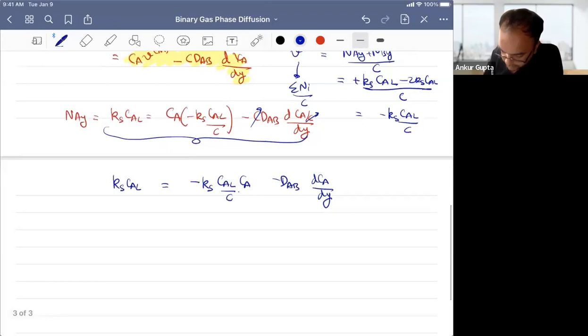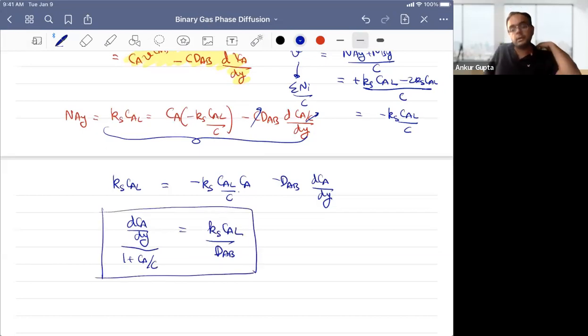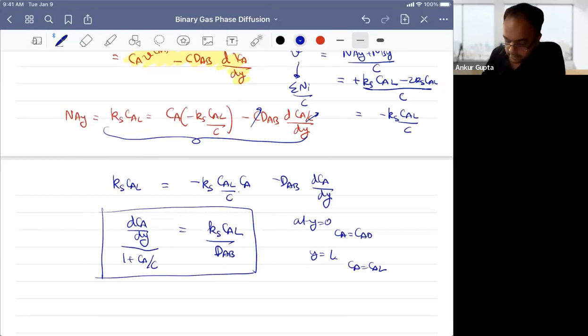If you rearrange, dC_A by dy times (1 plus C_A by C) equals K_s C_AL by D_AB. This is the equation you get, and you can solve the problem from here by integrating. We know the boundary conditions: at y equal to 0, C_A equals C_A0, and at y equal to L, I already used the variable C equal to C_AL, so I can put that value in and get the expression for C_A. All right, this is option number 1.